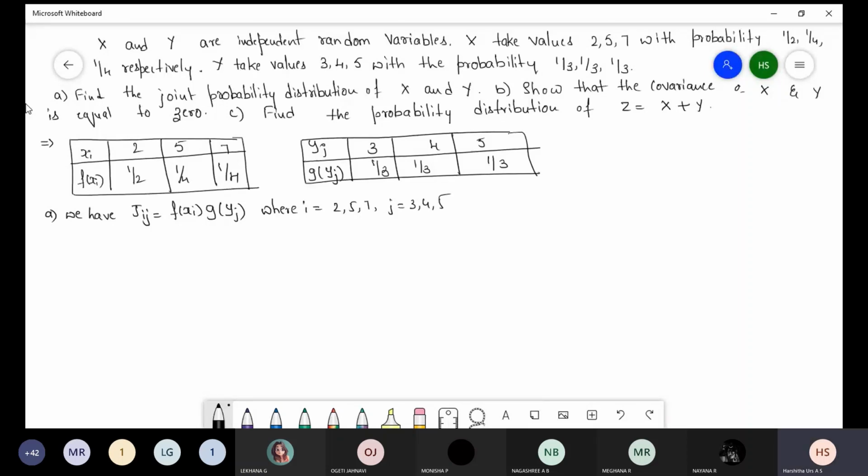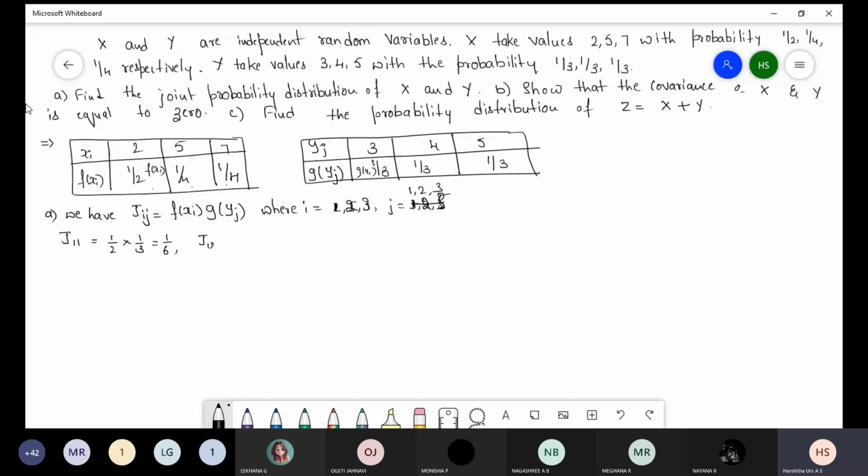Here the index values are 1, 2, 3 because we are taking j11, j12, j13 like that. So first j11 means i is equal to 1 and j is equal to 1. This is your f of x1 and g of y1. So 1 by 2 into 1 by 3, that is equal to 1 by 6.